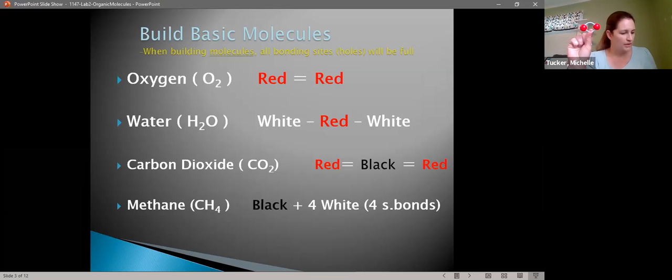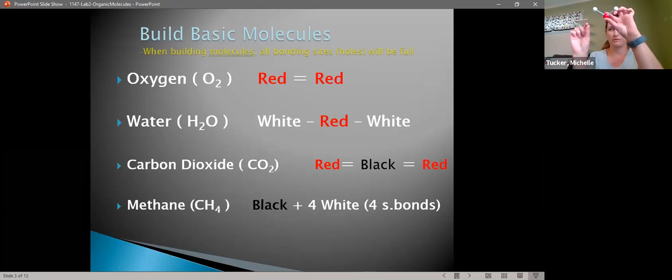When we create water, we take 1 oxygen, it goes in the middle, and then put 2 hydrogens off to either side.